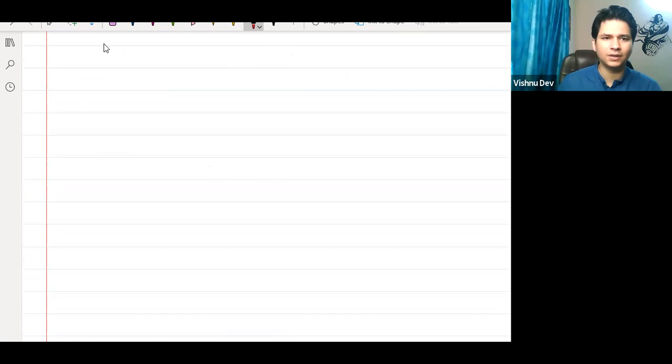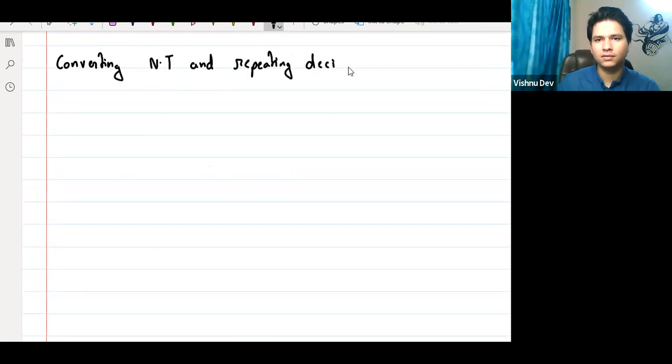The concept that we will be learning now is converting non-terminating and repeating decimal into fraction. NT means non-terminating.